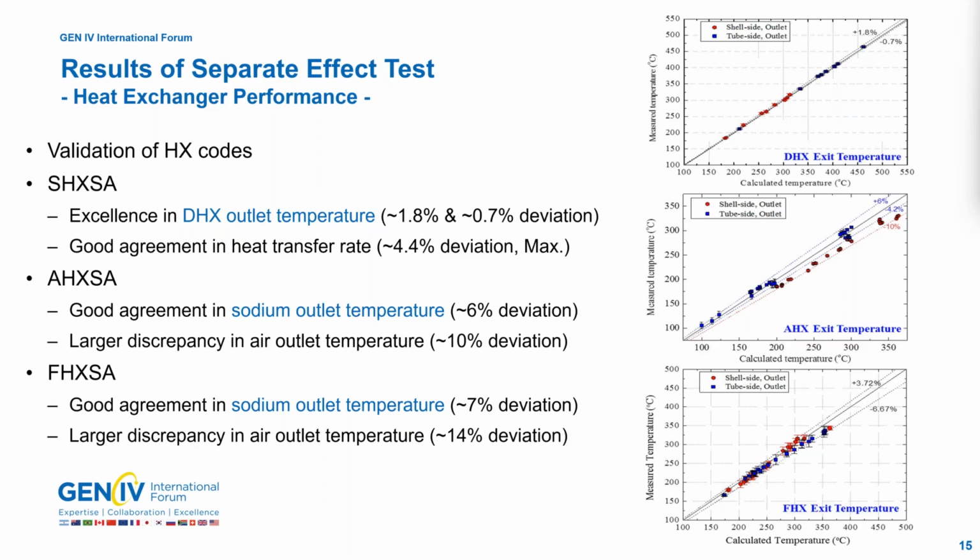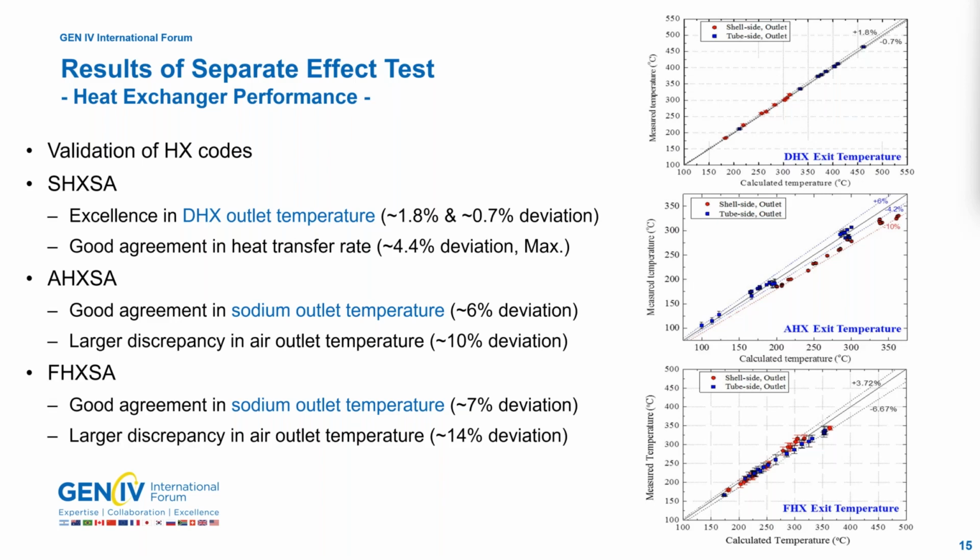For the sodium to sodium test, we were surprised by the excellent agreement between experiment data and code calculation. As you can see here with numbers, this was really, really good. And for the sodium to air test for helical tube, the sodium side was still very good, while the air side was comparably moderate.